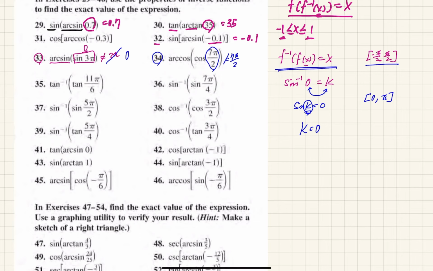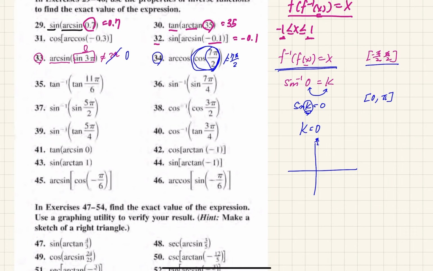And how can you find the answer? We should find the cosine value of 7 pi over 2. What is cosine 7 pi over 2? This is pi over 2.